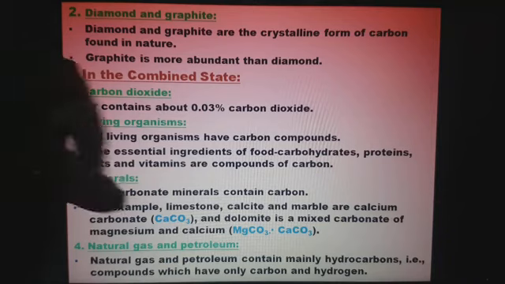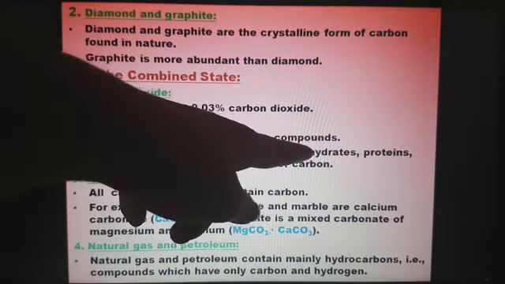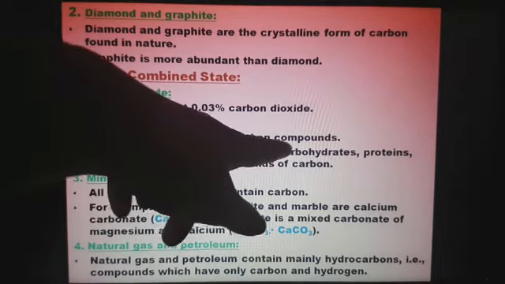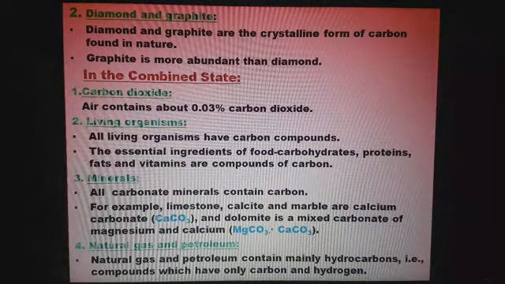Then in living organisms, all living organisms have carbon compounds. Okay, whether it's plants or animals, every organism has what? Carbon compounds. The essential ingredients of food, carbohydrates, proteins, fats and vitamins are compounds of carbon. So we eat food from where?